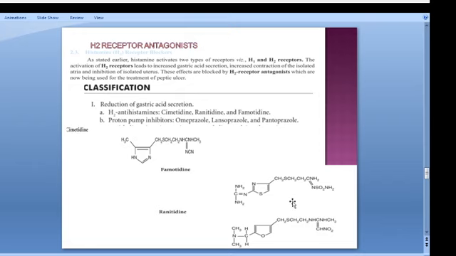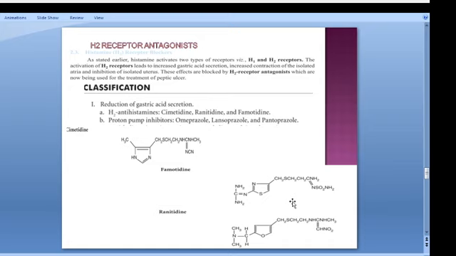We have discussed the H1 and H2 receptors. As we told you before, H2 receptors lead to increased gastric acid secretion, and also to effects in the isolated atria and inhibition of the isolated uterus. These effects are blocked by H2 receptor antagonists, which we now use for peptic ulcer.